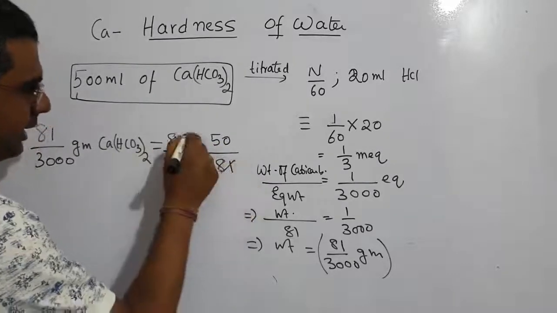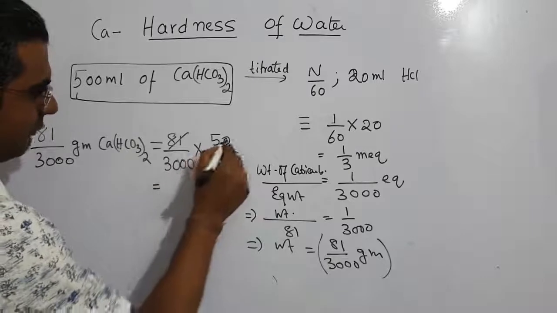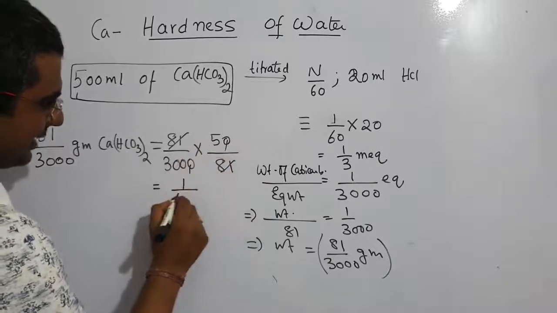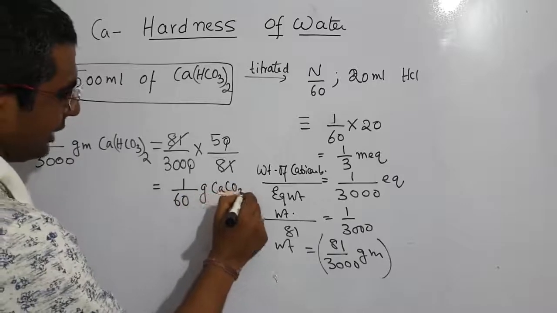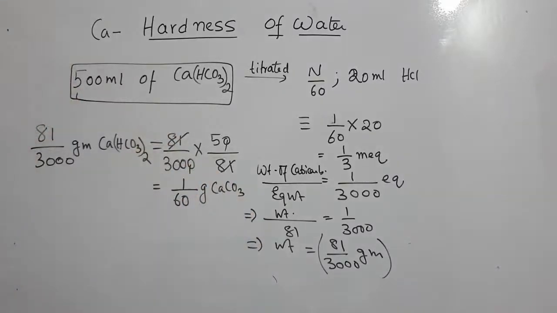So this 81 and 81 will cancel out, so I will be left with 1/60, okay? 1/60 gram calcium carbonate.